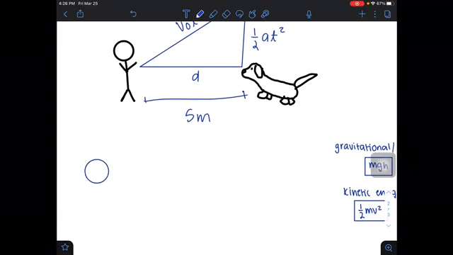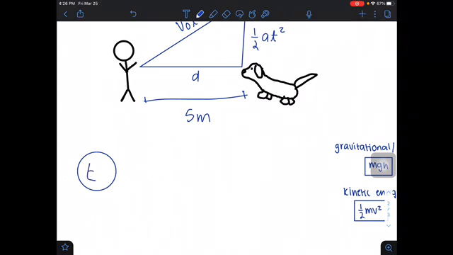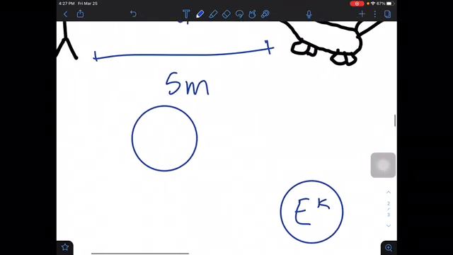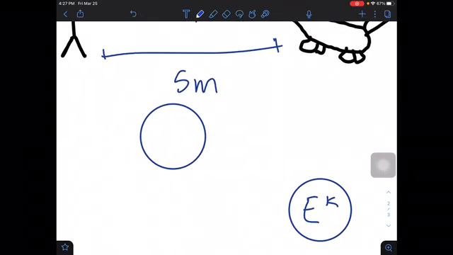So to start with, I'm throwing the ball, which means we're going to have kinetic energy. And at the end, when Biscuit catches the ball, we're also going to have kinetic energy. So what happens up here is what we want to focus on. So there's obviously height, which means there's gravitational potential energy, since there's stored energy and the object has the potential to move downward. So there's this energy.